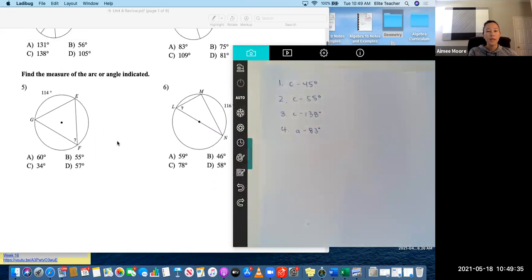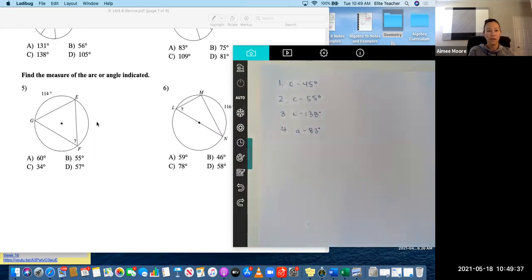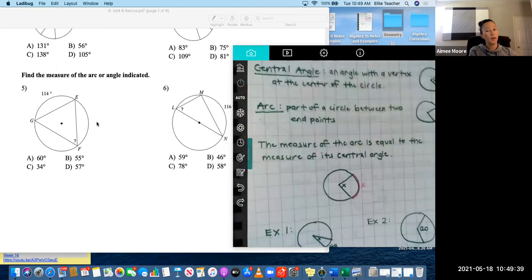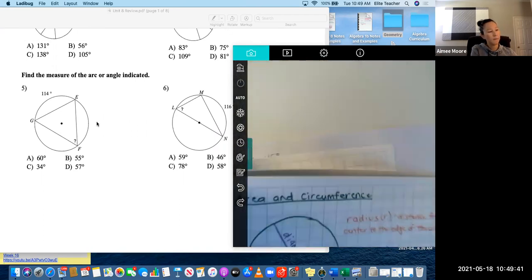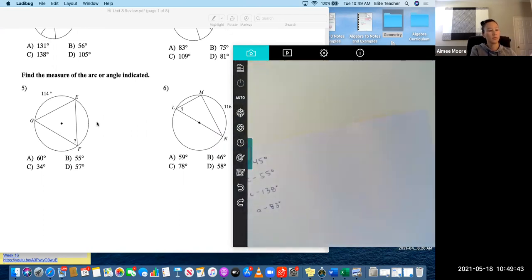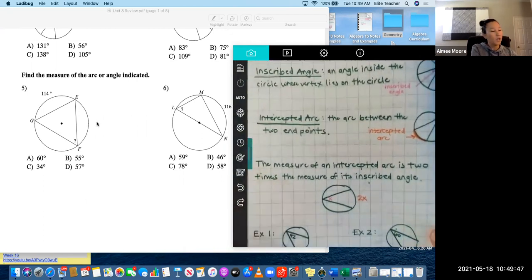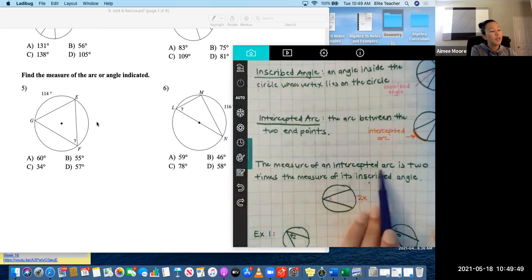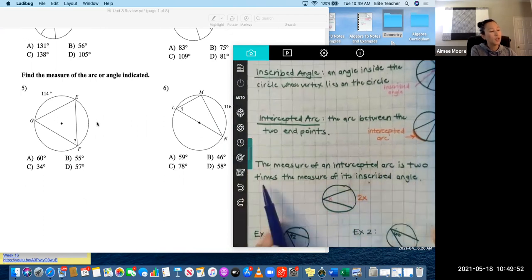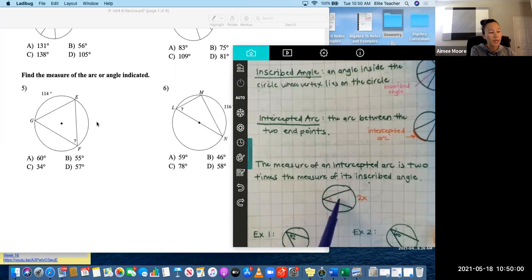Okay, now we're doing inscribed angles. The next 4. So inscribed angles. So remember, the measure of an intercepted arc is 2 times the measure of its inscribed angle. So see, now the vertex of our angle is no longer at the center of our circle.